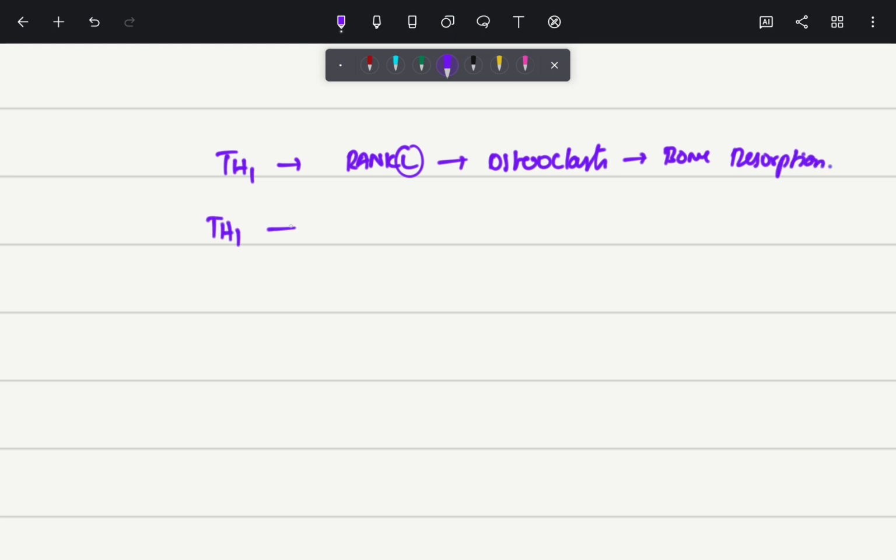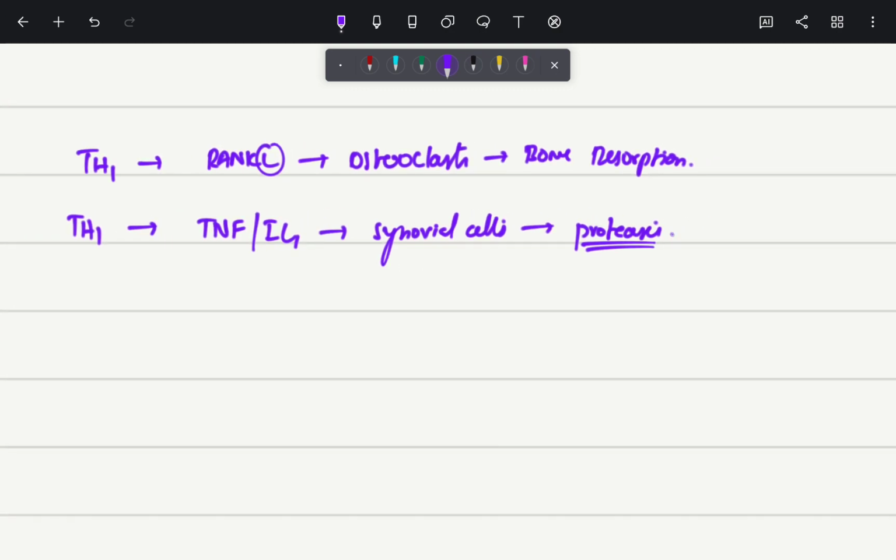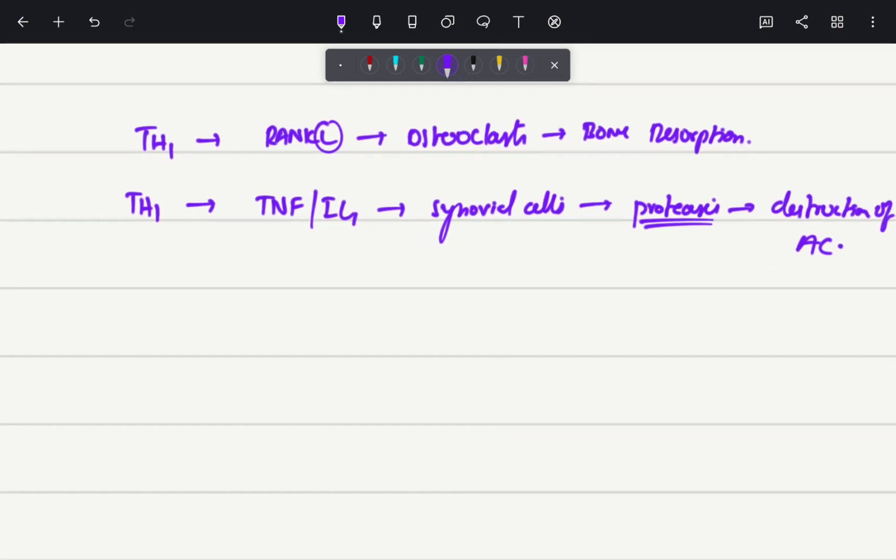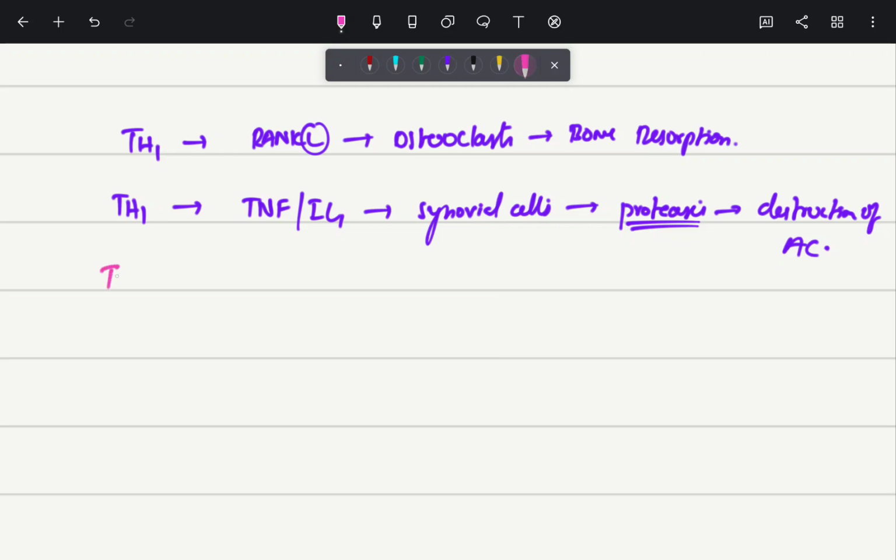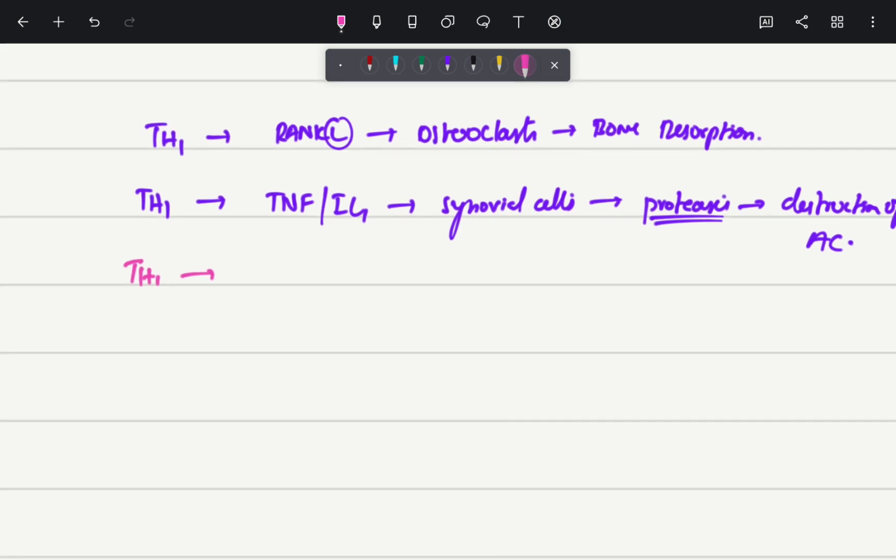Not only that, T helper 1 were producing tumor necrosis factor and interleukin 1, which were stimulating the synovial cells on the synovium and secreting proteases, which were destroying the articular cartilage. Destruction of articular cartilage. Not only that, T helper 1 cells were producing interferon gamma.